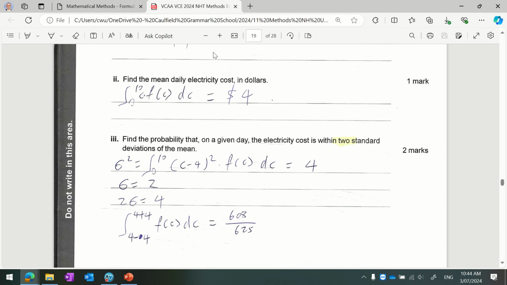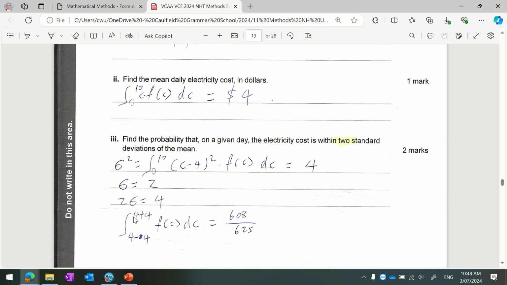We find the variance first, following the formula here. Do this all on the test. If variance is 4, then standard deviation is 2. Then 2 standard deviations is 4. Then within 2 standard deviations of the mean, it just means you start with the mean, which is 4, and you minus 4, that is one terminal.